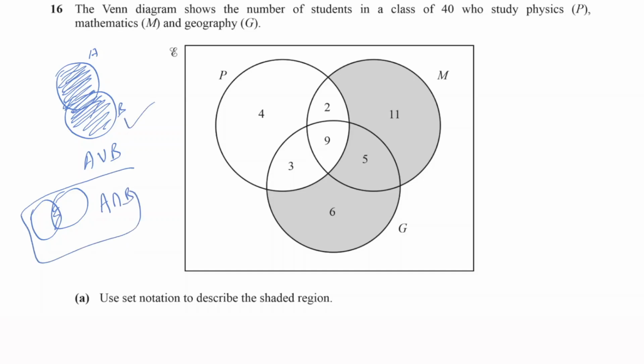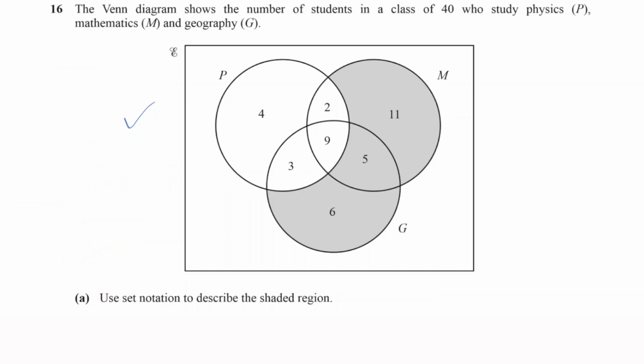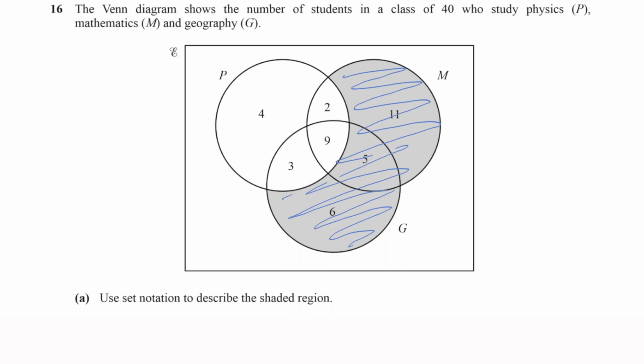But now we have to use this one. So here we have M and G, that is a union, right? That's the set notation, but there will be a little catch. Let's write that first. M union G, correct?